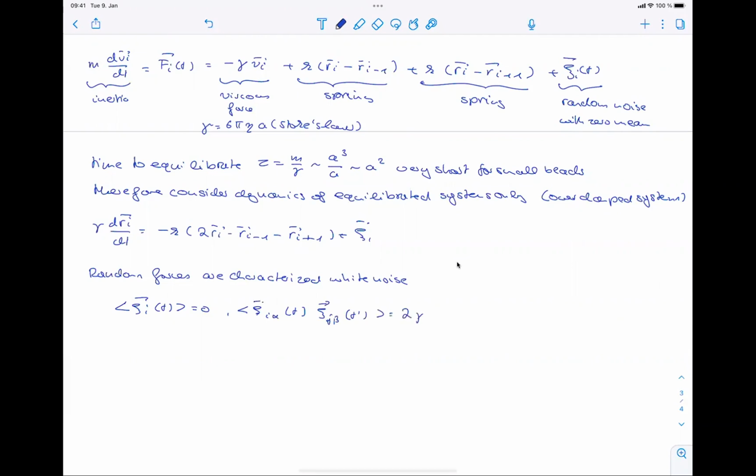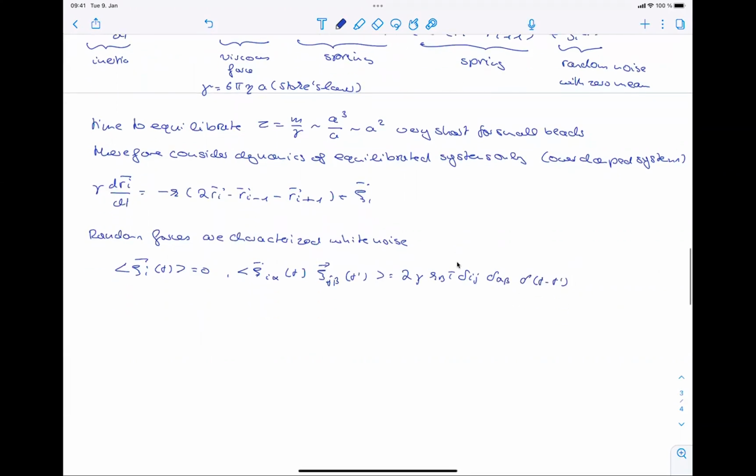This is 2 gamma kBT delta ij delta alpha beta delta t minus t prime. And other definitions of the noise are possible, but this is the standard.